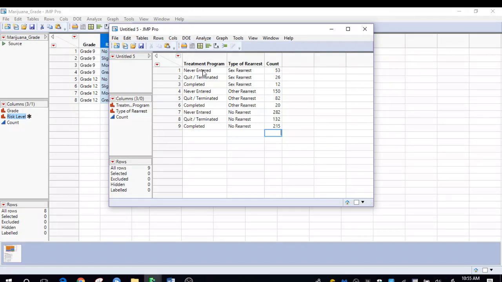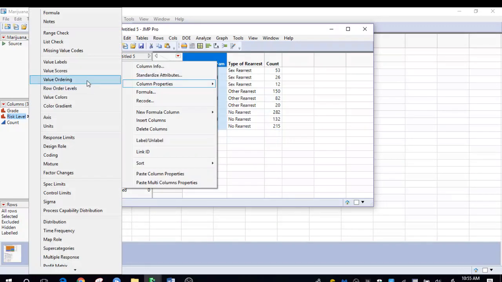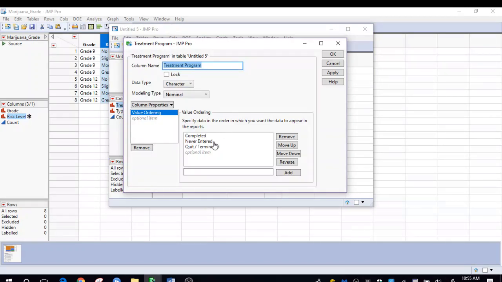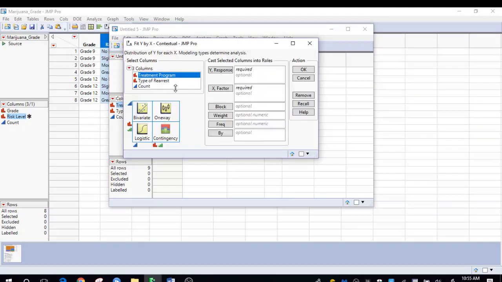Again, we might be able to order these treatment programs. That might be appropriate, since they do have order to them. Never entered might be the first one, then quit, and then completed. So we can put those in a particular order. Fit Y by X here.